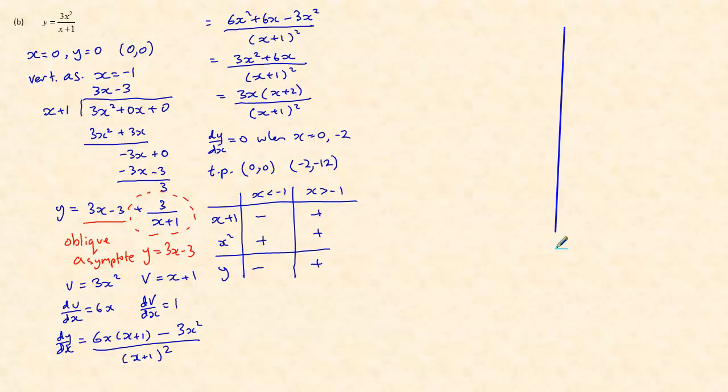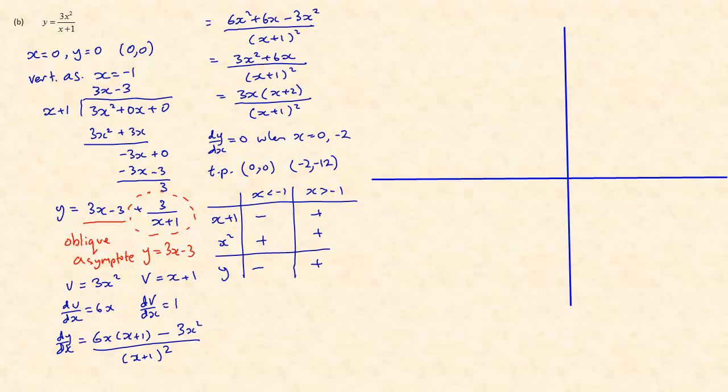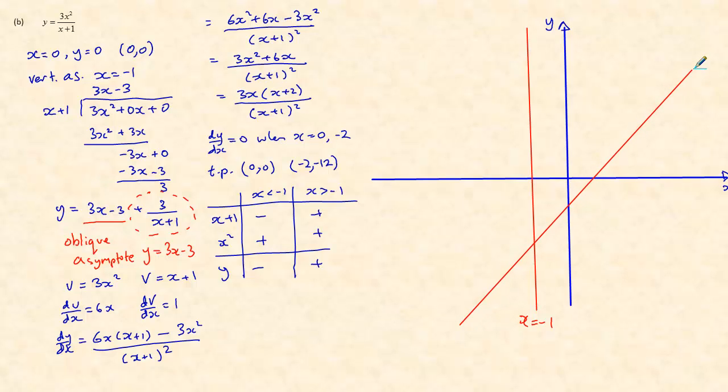So let's try to do a sketch of this. So here are our axes, and then we've got a vertical asymptote x equals negative 1, and we've got an oblique asymptote, y is equal to 3x minus 3.